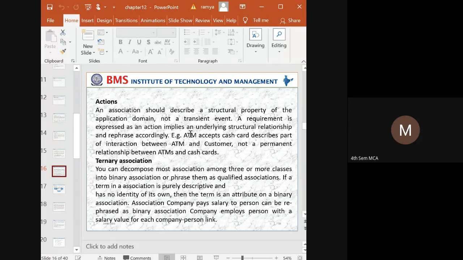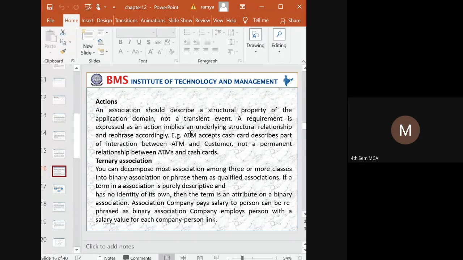So for that, what type of actions are we trying to describe? One thing is we are describing the entire ATM model. It is going to accept the cash card. The cash card is also described as a debit card. Okay, so that is nothing but your cash card. By using the cash card, there is an interaction between a customer and an ATM, and it is not a permanent relationship between an ATM and a cash card.